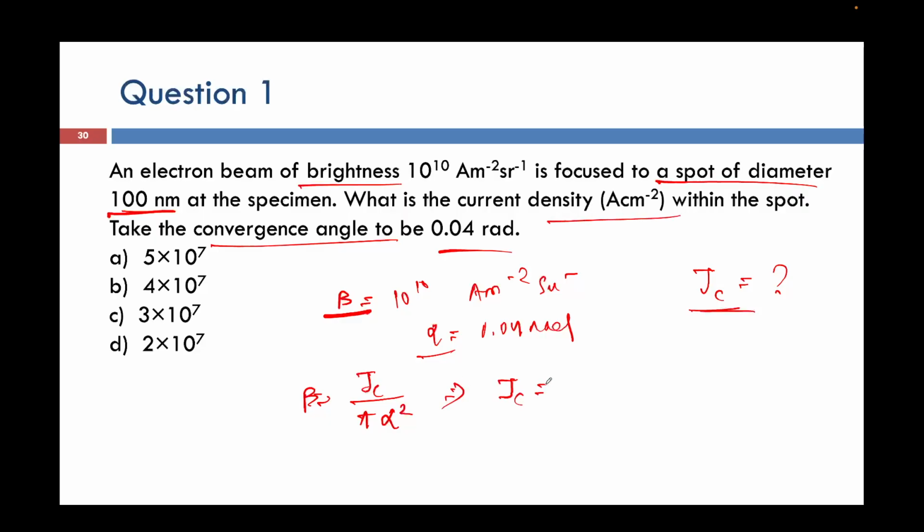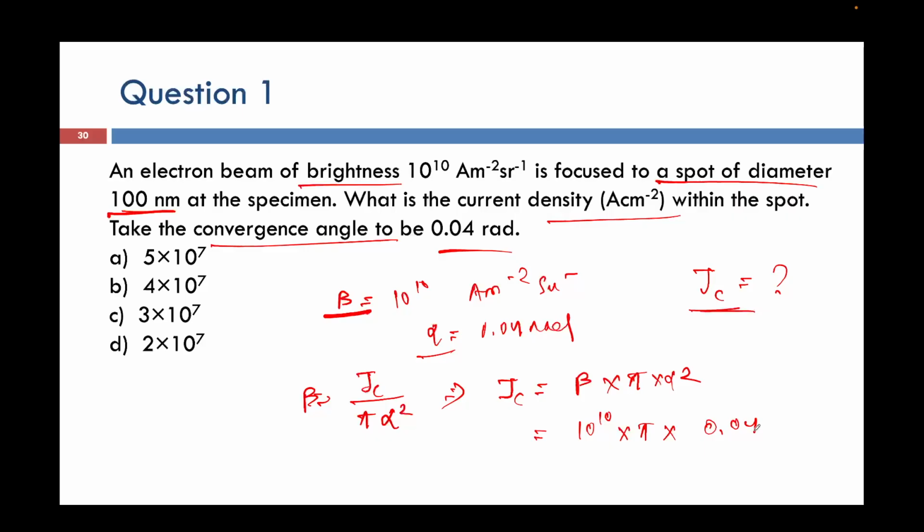That means JC will be equal to beta, which is brightness, into pi alpha square. A student says B is the answer. Let me check. Beta is 10 to the power 10, pi is this much, alpha is 0.04.